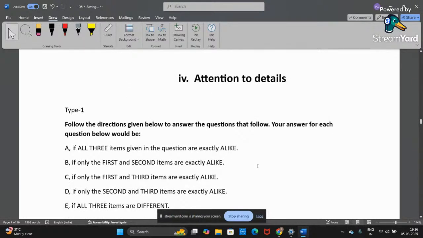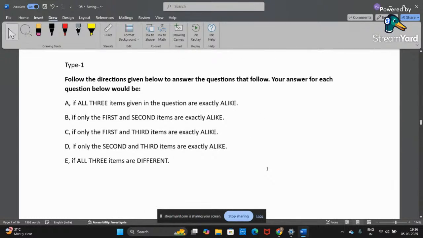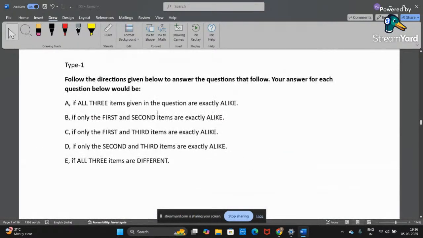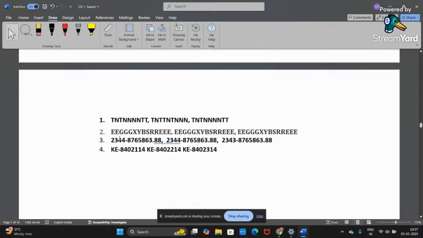Now let's move on to the next topic, that is attention to details. In this type of question, we need to carefully read the question and answer it properly. See, follow the directions given below to answer the following questions. First they have given the options here, then they have given the questions here.